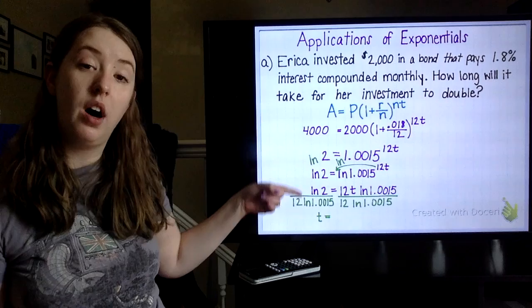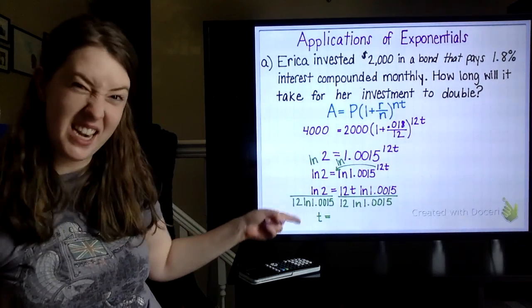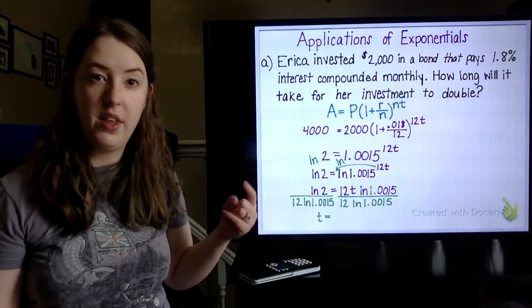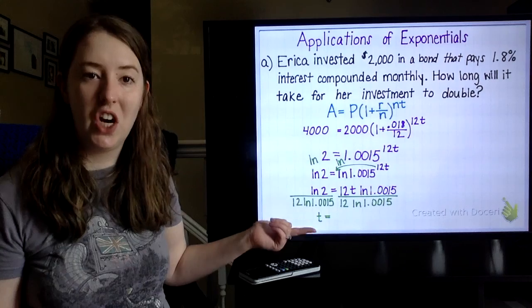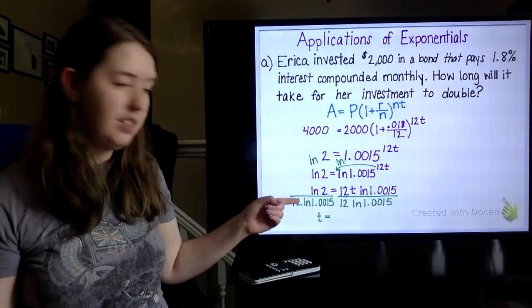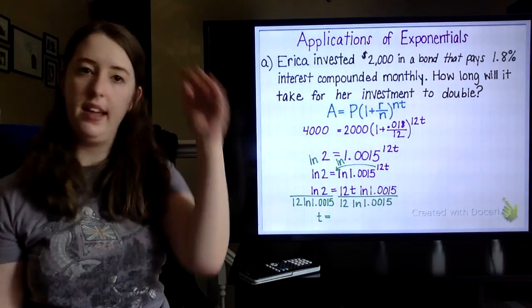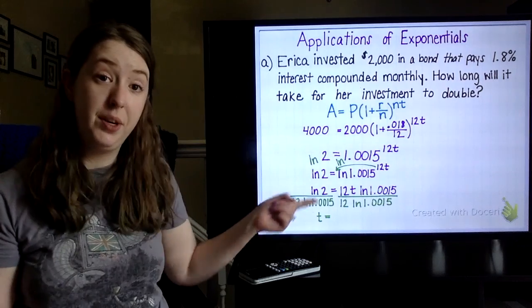Remember that natural logs are not something that can cancel out. They're not going to divide away. The thing that undoes a natural log is an e. So natural log of 2 and natural log of this stuff, it's an operator. You can't cancel those out. So that would be my exact value.